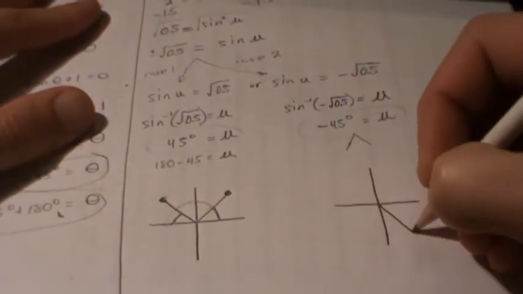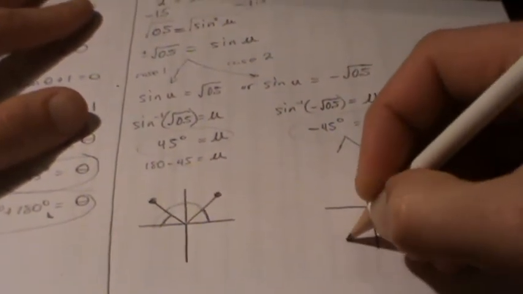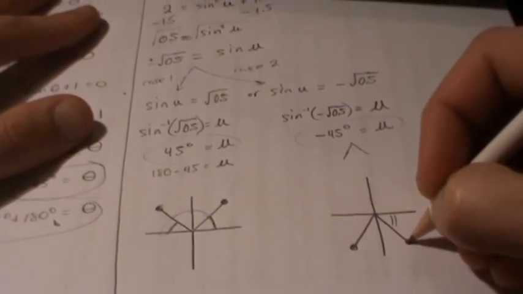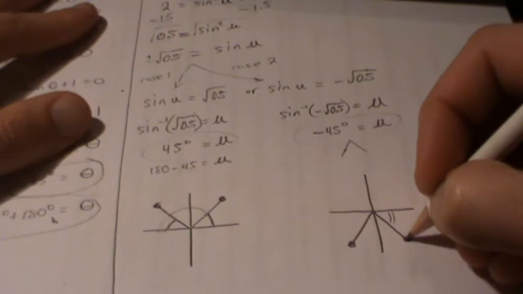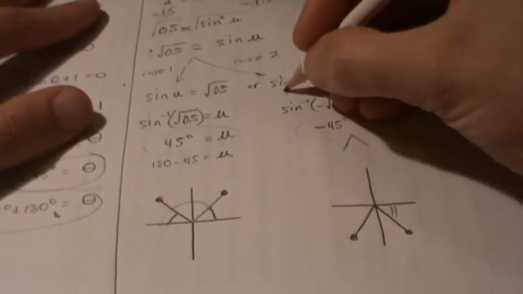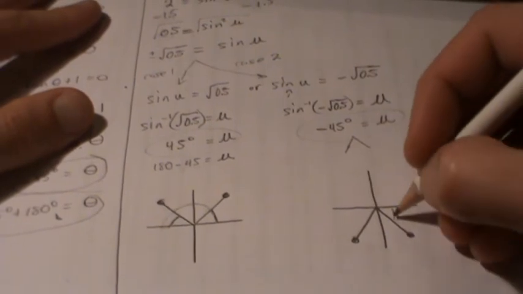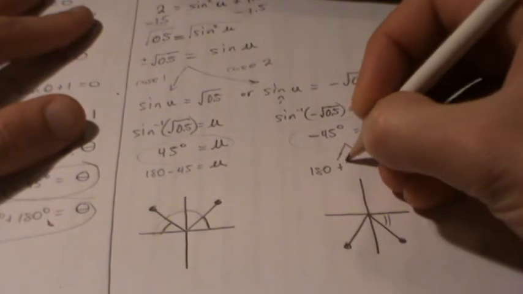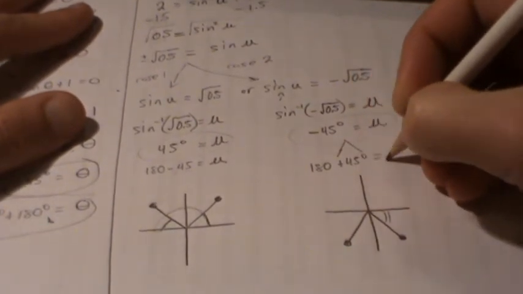Then I've got negative 45 right here as an angle. And the other angle is symmetrical around the y-axis because I'm using sine. So the other angle is actually 180 plus 45 degrees.